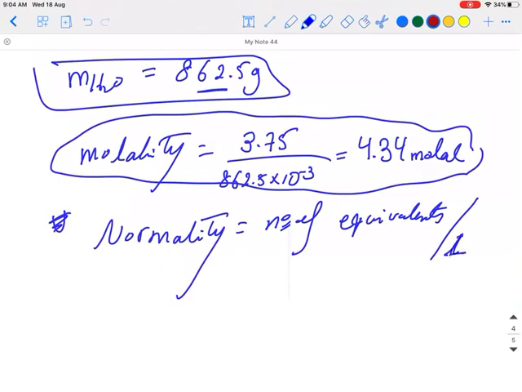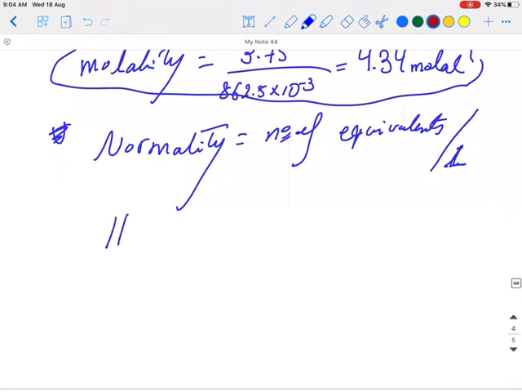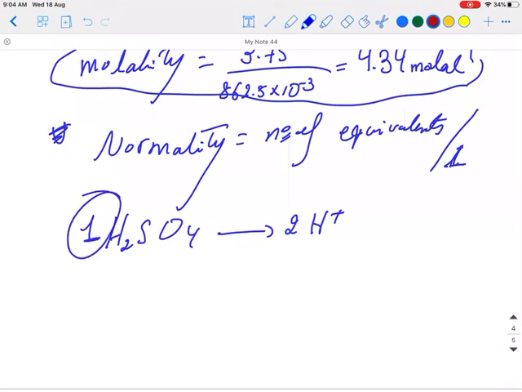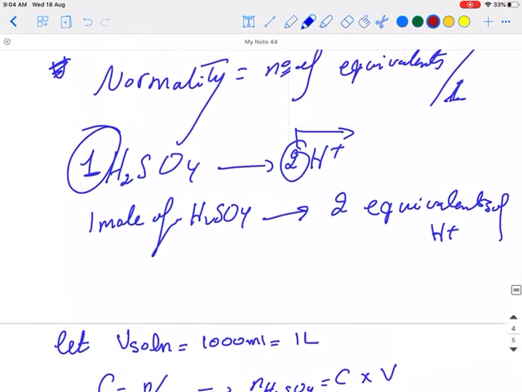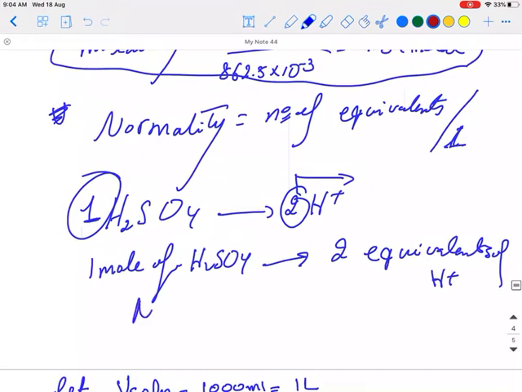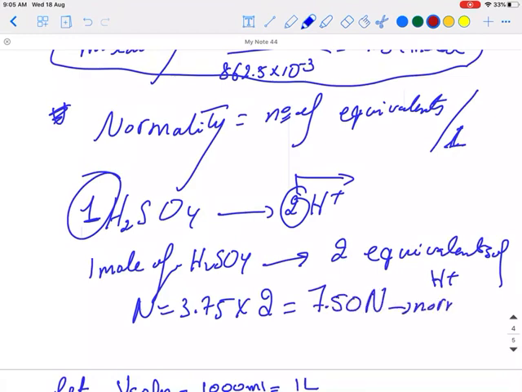If we look at H2SO4, it gives 2H+, which means every 1 mole of H2SO4 corresponds to 2 equivalents of H+. We already have the concentration of sulfuric acid, 3.75, multiplied by the number of equivalents, 2, which is 7.5, and the unit is normal.